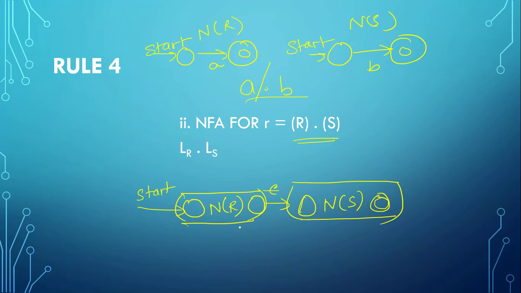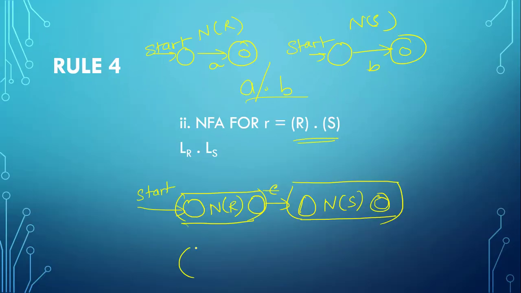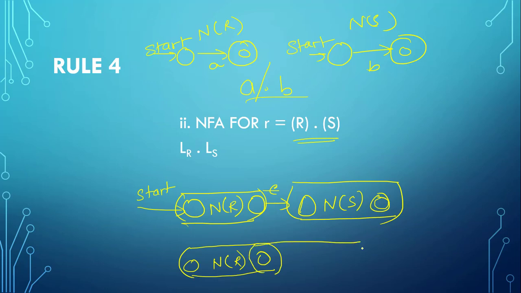There is another way of drawing the NFA for R is equal to R dot S. We will have N of R, then we will have N of S, which will be overlapping N of R, and a start state.